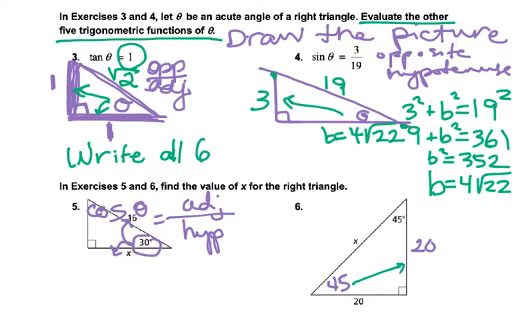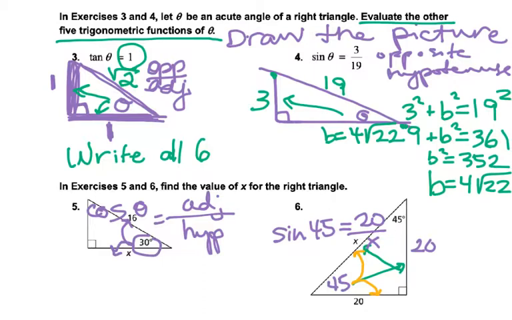Sine would be opposite over hypotenuse. And the funny thing is, if you wanted to do cosine, you could also do adjacent over hypotenuse. So both of these are going to give you the same answer, which is kind of nice. Let's just go ahead and use sine 45 equals opposite is 20, hypotenuse is x.